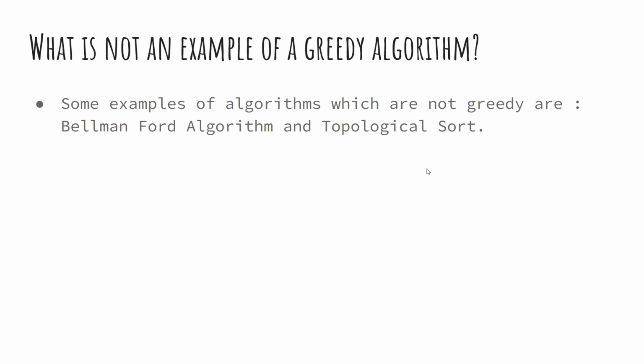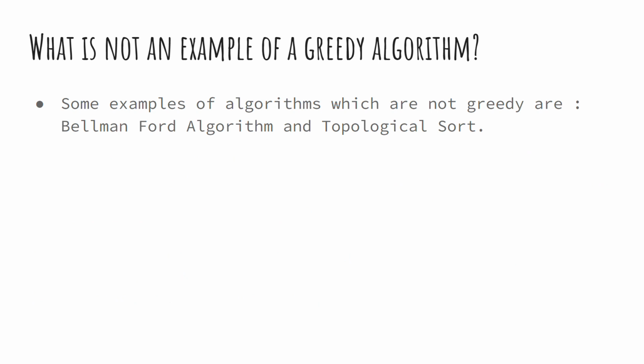Okay, so we understood what greedy algorithms are, but let us try to understand which algorithms are not greedy. Some examples of non-greedy algorithms are the Bellman-Ford algorithm and topological sort. The reason is that we don't make greedy choices, the optimal choice at every step.